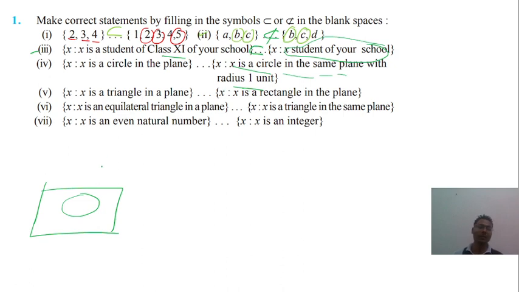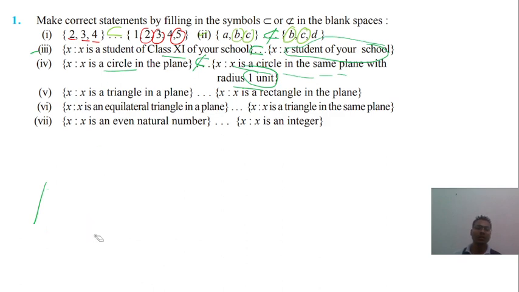Okay, so if we draw another circle and they are saying it is a 1 centimeter radius circle, then if it could be the vice versa, we could consider it. But any circle is not a subset of this 1 unit radius circle. So we put a not a subset sign here.